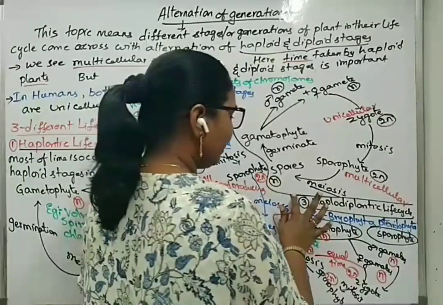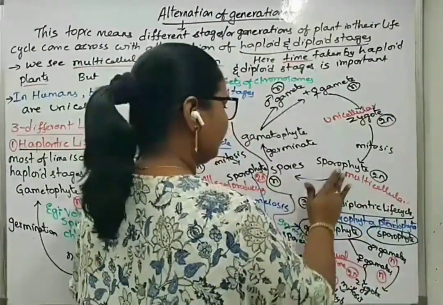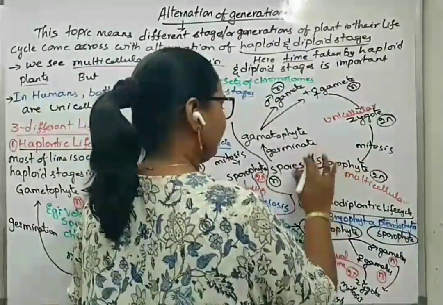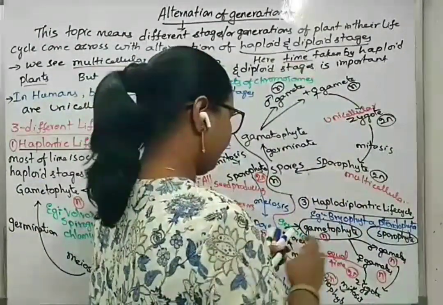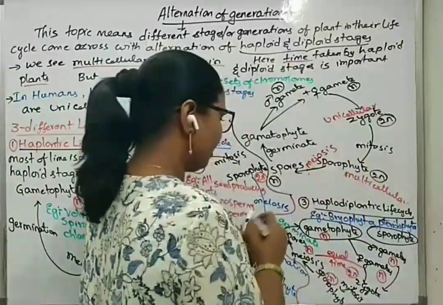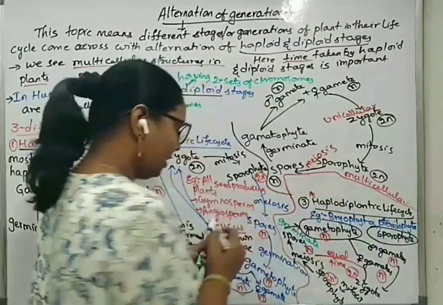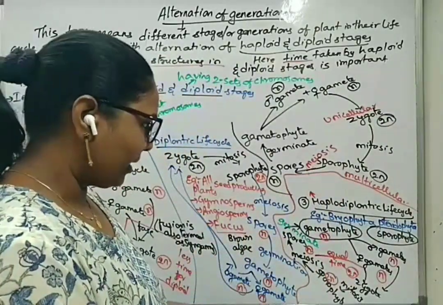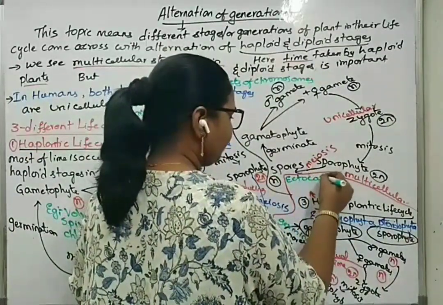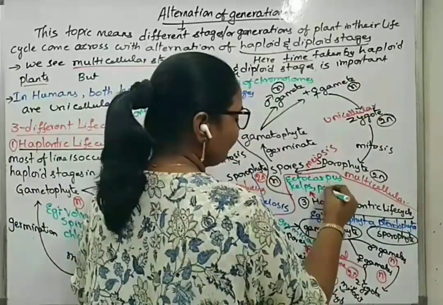Under haplodiplontic, we will see which algae exhibit the haplodiplontic type of life cycle: Ectocarpus, kelps, and Polysiphonia.